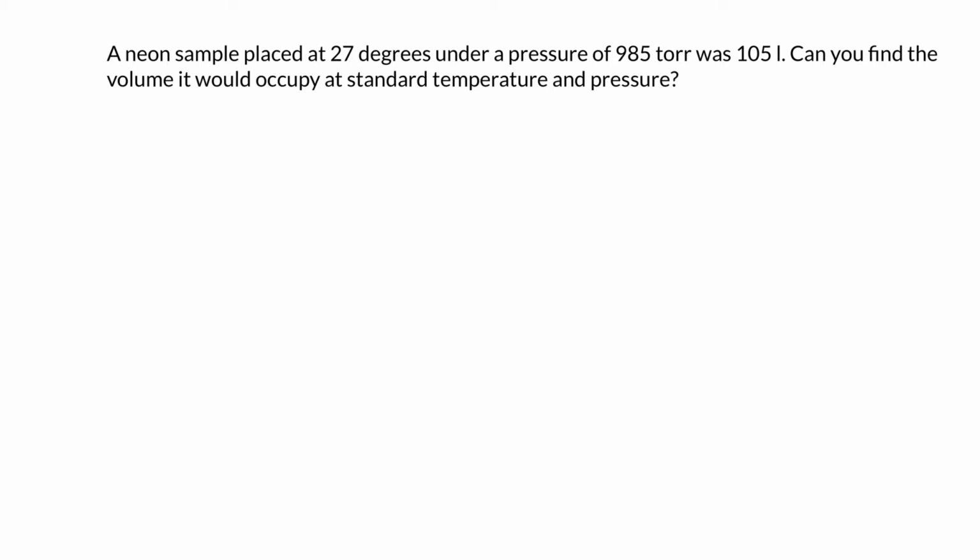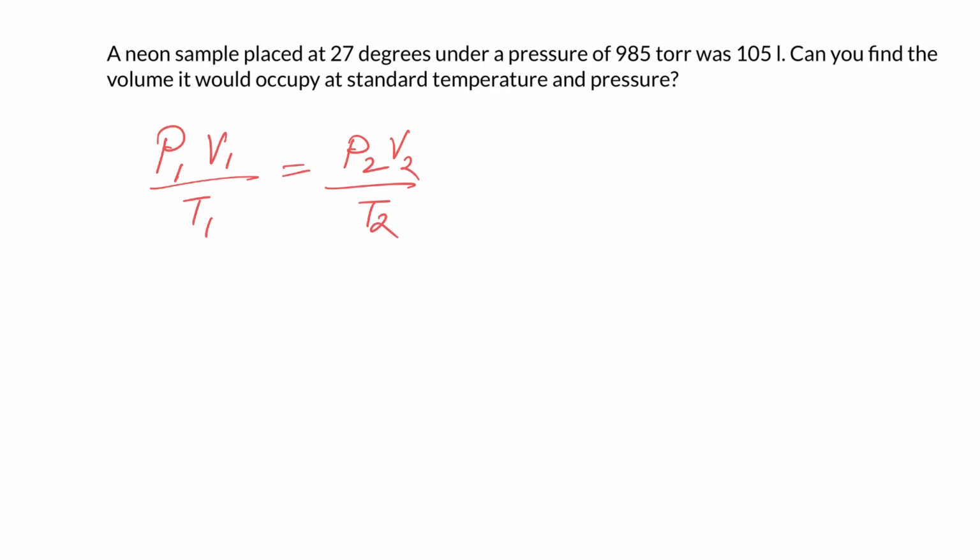Okay, so what is the combined gas law equation? We already have the two gas laws, P1 V1 equals P2 V2, and V1 by T1 is equal to V2 by T2. Now the combined gas law combines Boyle's law and Charles's law into one single equation, which is P1 V1 upon T1 is equal to P2 V2 upon T2, right?